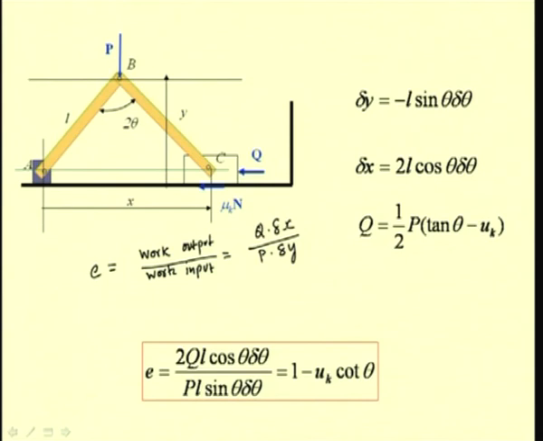So if we substitute these values, that is delta x, delta y, and for Q we have already found it to be 1 by 2 P times tan theta minus mu k. So we have this as 1 minus mu k times cot theta.